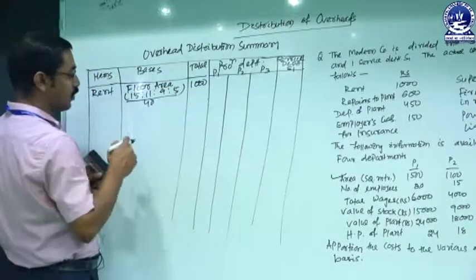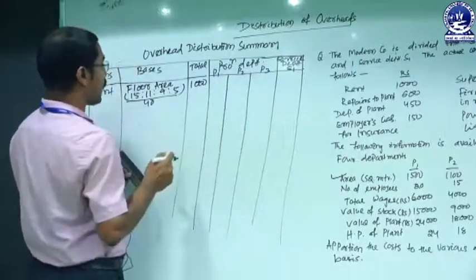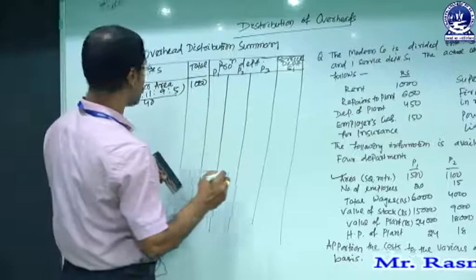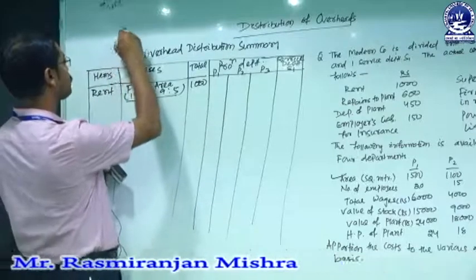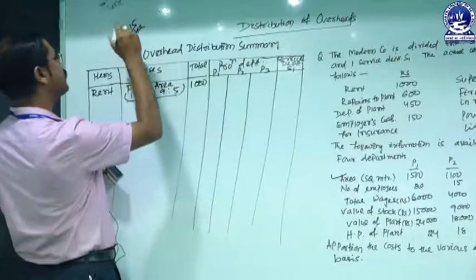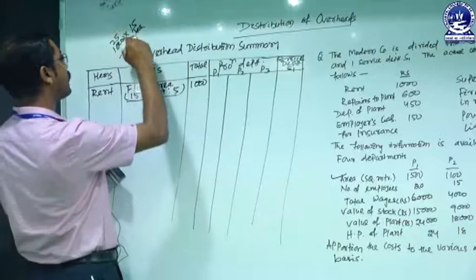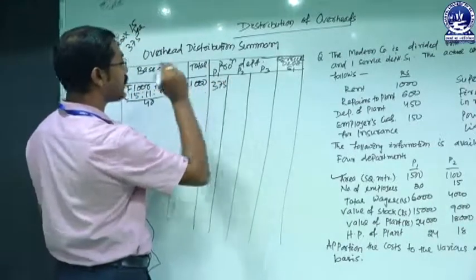So accordingly we will work out, using rough work, and then put the amounts of expenses to the several departments. When we distribute 1,000 into 15/40, that is 375, which will be allotted to department P1.